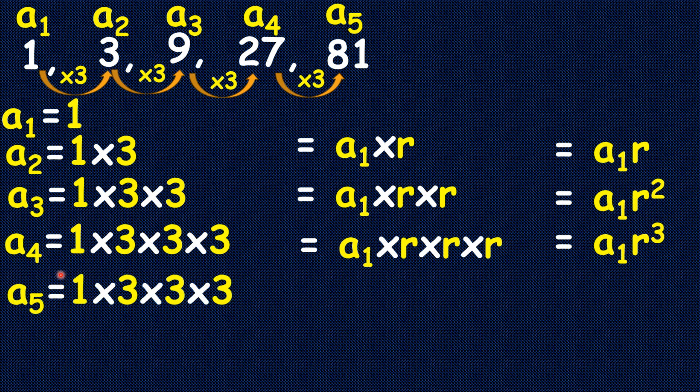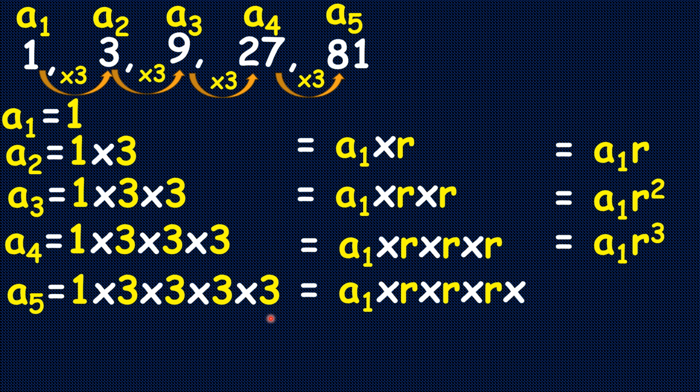Now let's look at the fifth term, which is 1 times 3 times 3 times 3 times 3. So the common ratio is multiplied in 4 places and initially multiplied by the first term. So the first term times the common ratio in 4 places is A1R raised to the power 4. 4 plus 1 is 5. We're just adding that in order for us to do our own personal check.